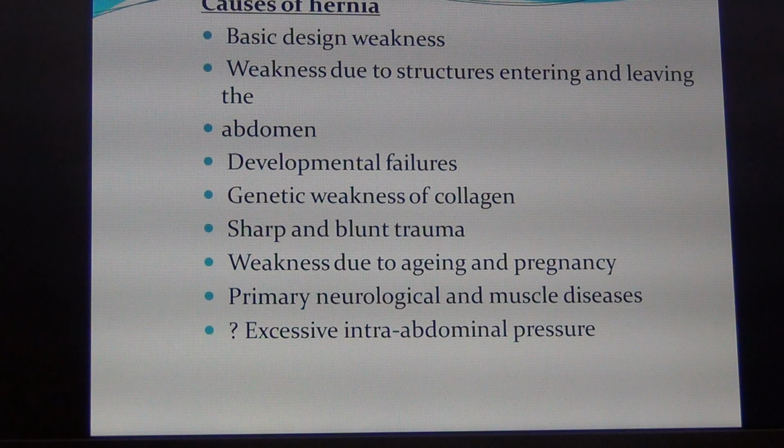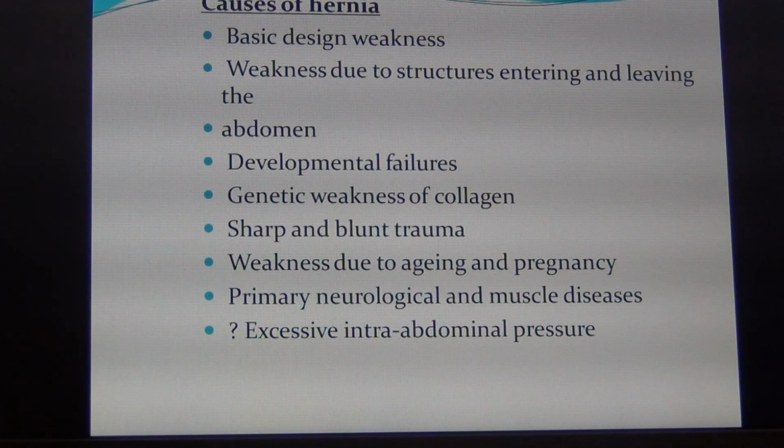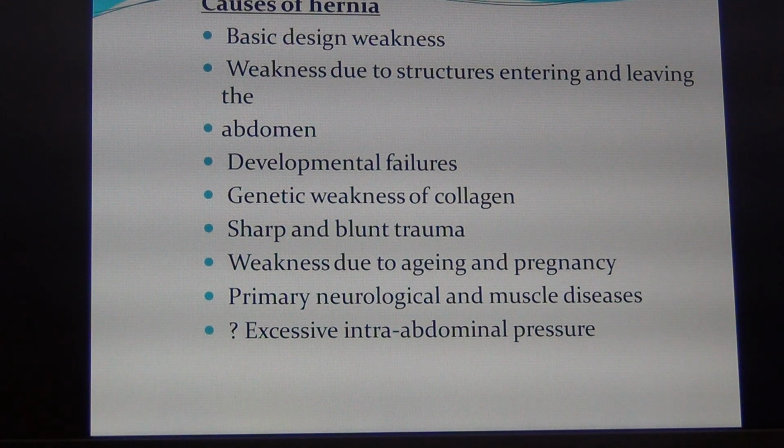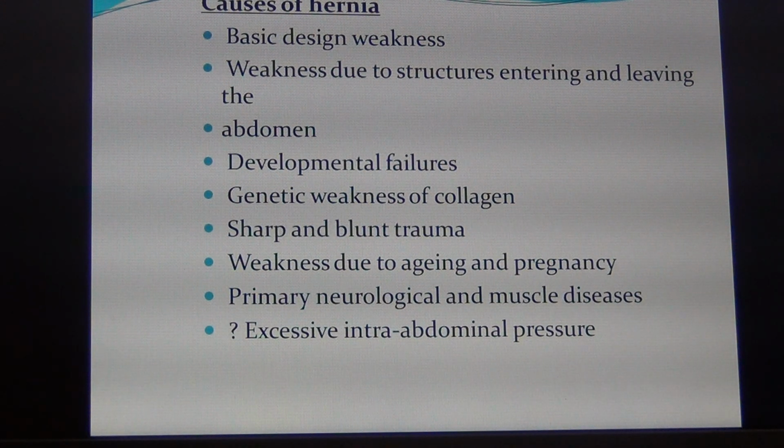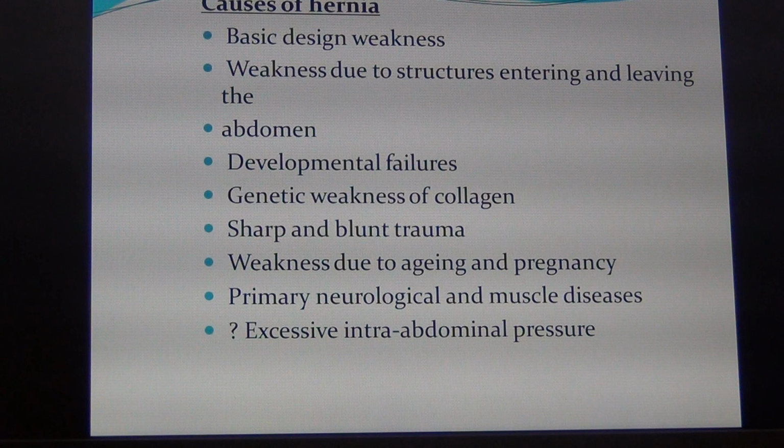Genetic weakness of collagen; some persons have genetic weakness of the collagen which forms part of the muscle. Sharp and blunt trauma. Weakness due to aging and pregnancy. For example, direct inguinal hernia is more common in old age, and there is weakness in the muscle during pregnancy.